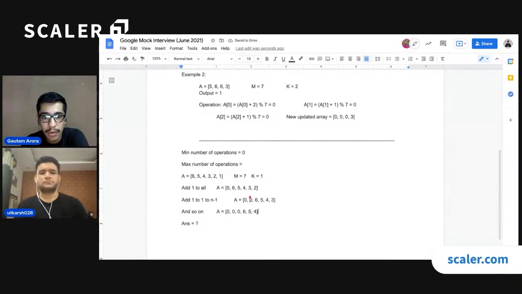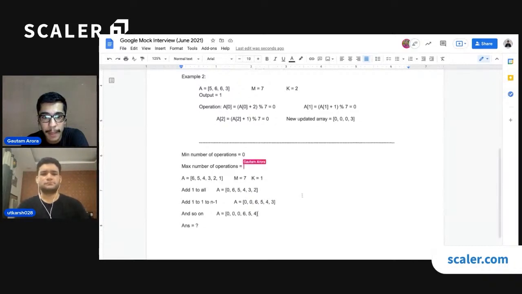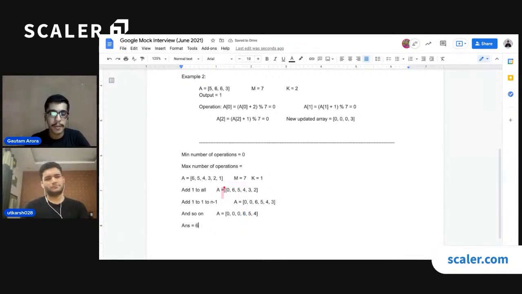Am I getting the max number of operations equal to the length of the array, for this case at least? Yes, for this case, we need at least 6 operations.